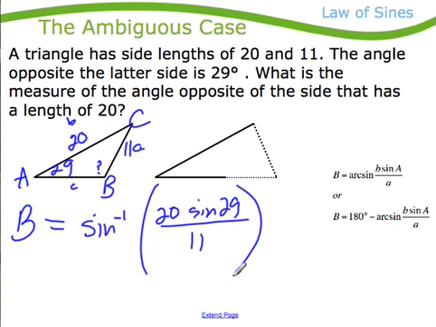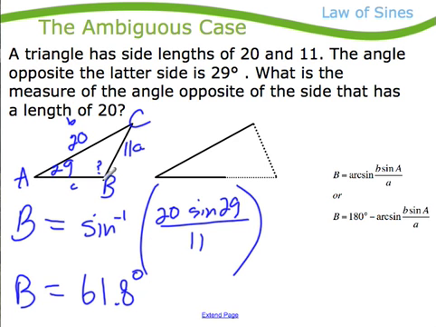Arc sine of 20 times the sine of 29 divided by 11, close my bracket, and hit go, and there it is. So angle B is equal to 61.8 degrees.